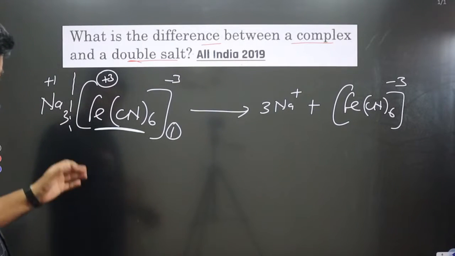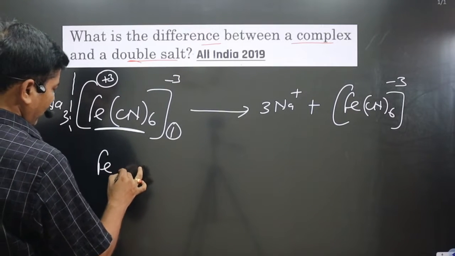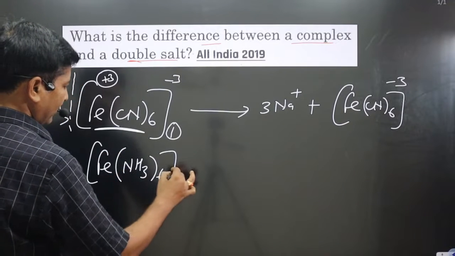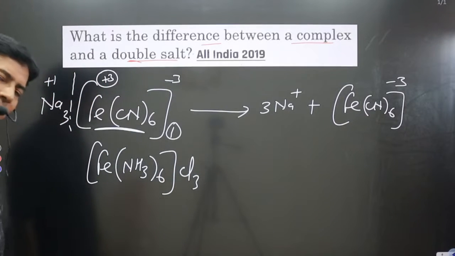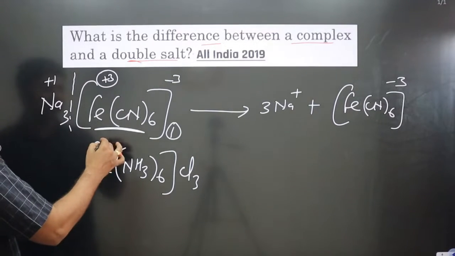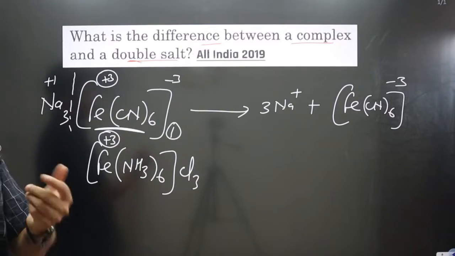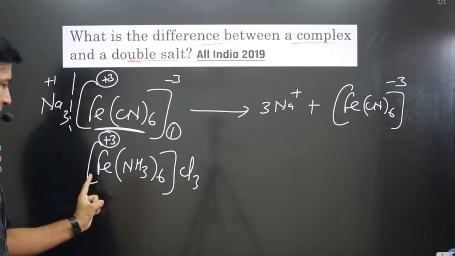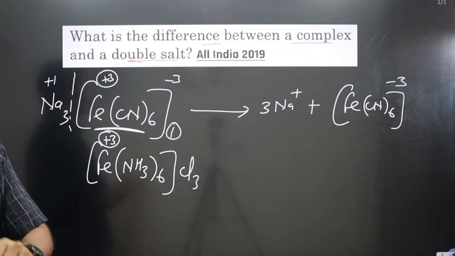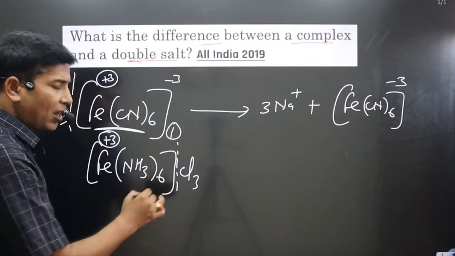Now I take one more example. Now let's say I change the situation of the counter ion. We have [Fe(NH3)6]Cl3. In this case, if you calculate the oxidation number of iron, it is present in +3 oxidation state, so ferric ion. Again, you can see the species which are present inside the coordination bracket will never undergo dissociation. But you can break this complex from here because this is the counter ion.